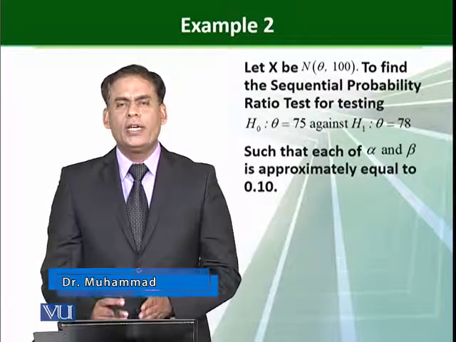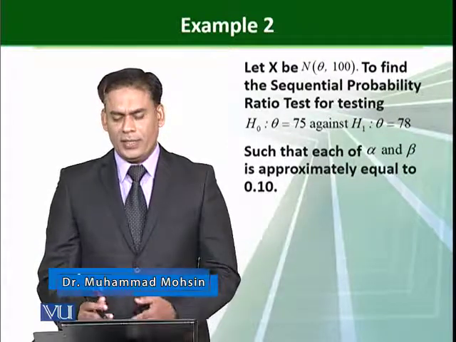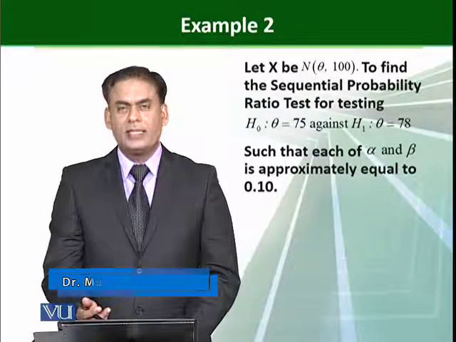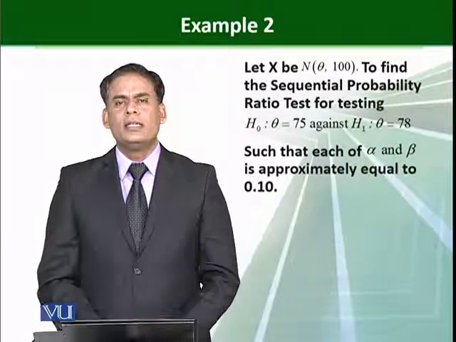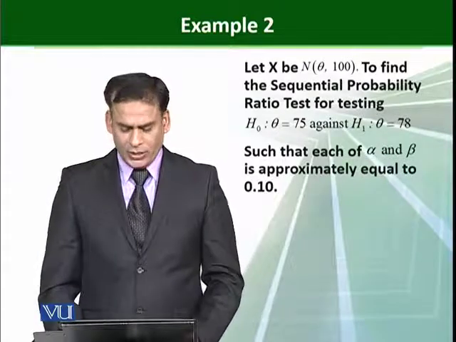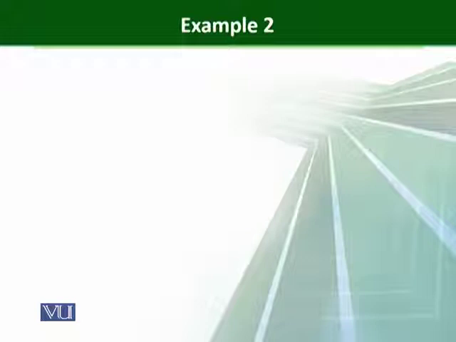So in this case we have also the values of alpha and beta, and we have to perform the sequential probability ratio test for testing theta is equal to 75 versus alternative theta is equal to 78. So how do we proceed? Now we write down the lambda m, which is our sequential probability ratio test statistic, that is L of theta dash m over L of theta double dash m, the general formula.